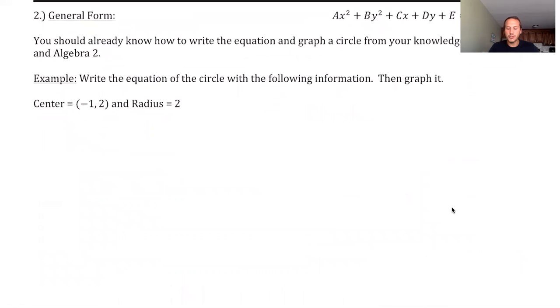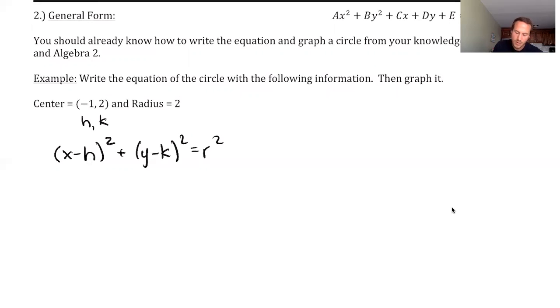So one thing that we should know already is how to graph these and just how to write the equation of them. So if I know that I've got a center of -1, 2 and a radius equaling 2, well, this is going to be h, this is going to be k. My equation is x minus h squared plus y minus k squared is equal to r squared.